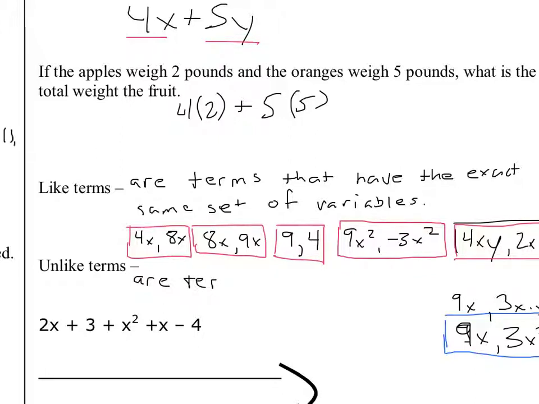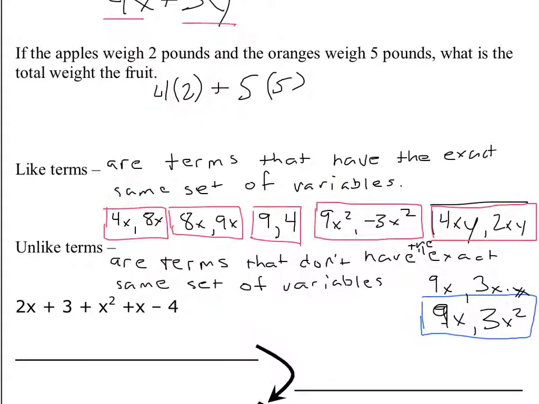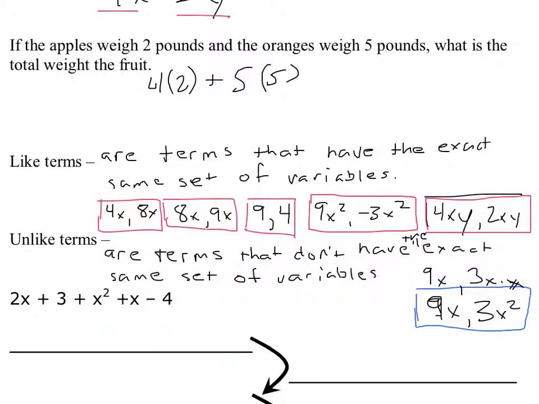There were many ways you could have done this. This is the exact way I would have done it. They are terms that don't have the exact same set of variables. So one example that we have already come up with is 9x and 9x squared.